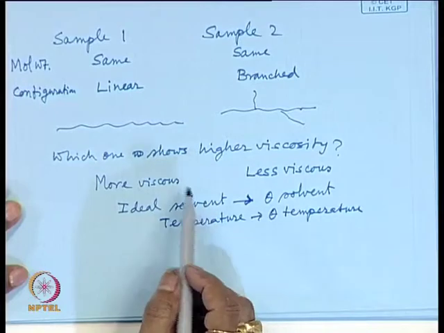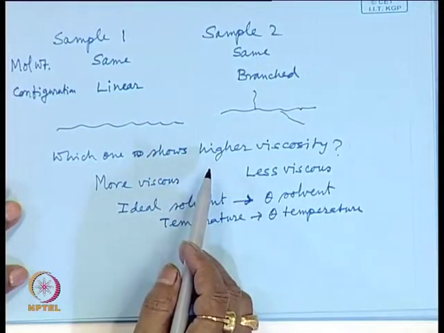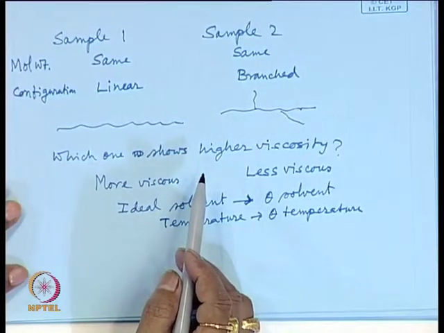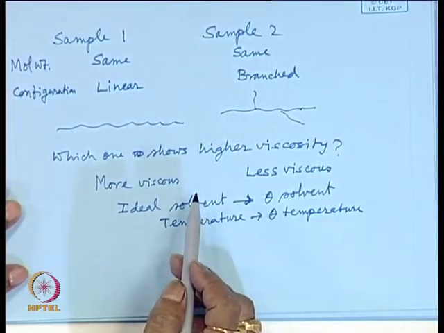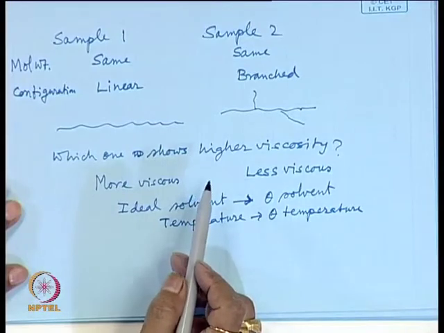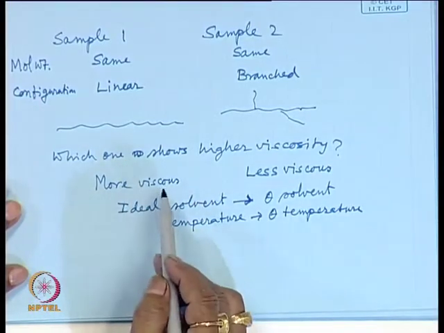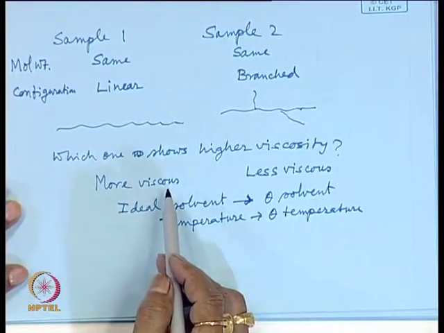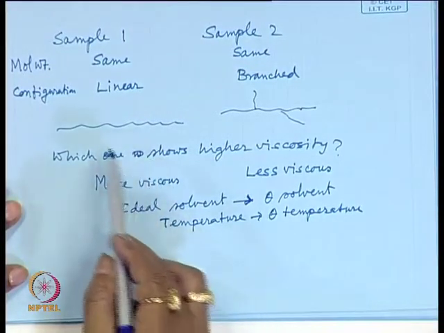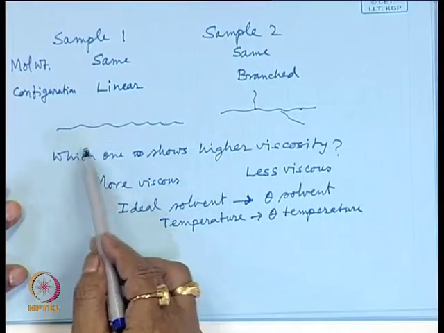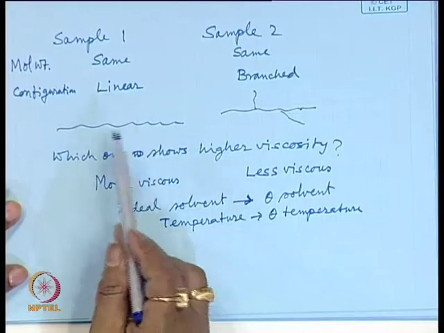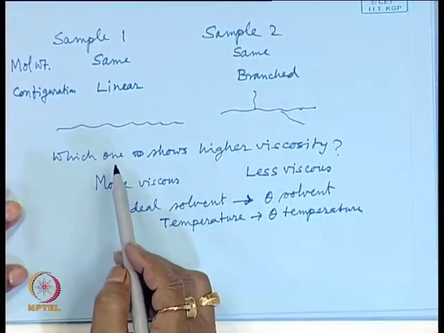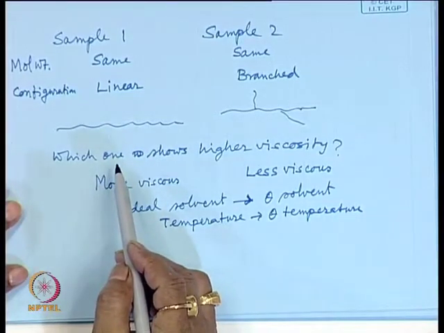I have not got the answer to this question, which one will be more viscous, because you have just opposing answers. So, I have to solve the problem. This sample 1 will be more viscous. The reason is, in case of an ideal solution or very dilute solution, this molecule is free to gyrate or rotate during movement through the capillary.